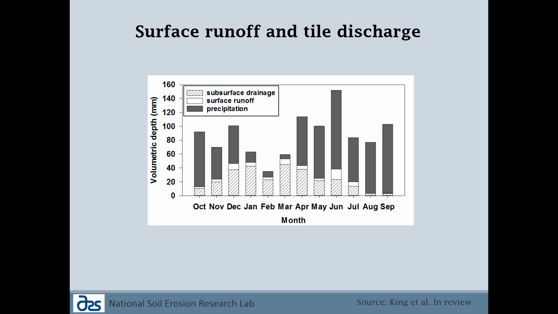So the majority of the water leaving the field during a given year is through the tile drains, not through surface runoff. And just average across the whole year, 79% of water leaving tile drained fields is through the tile itself, not through surface runoff. And while this can be a good thing for phosphorus concentration, phosphorus loading to the tiles can be more problematic.